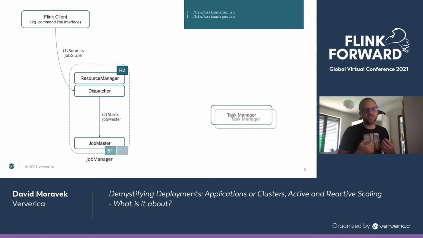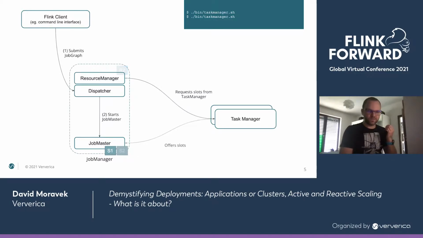It will again register itself with the resource manager. Resource manager will send the remaining slot request to it, and the task manager will offer its slot to the job master. Now the job master has all of the slots it needs, and it can start executing the job.